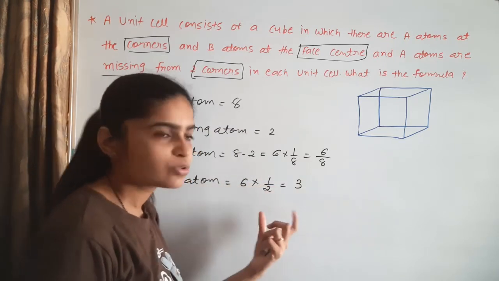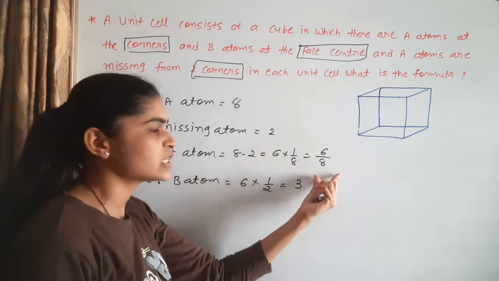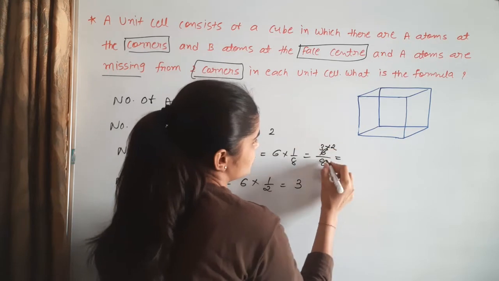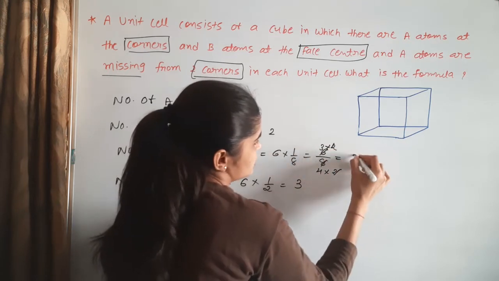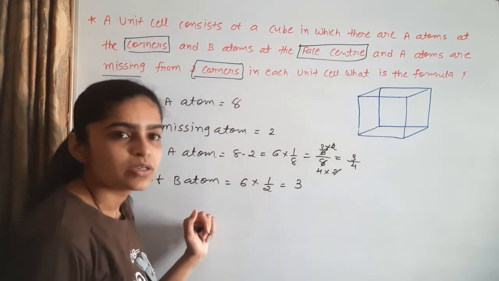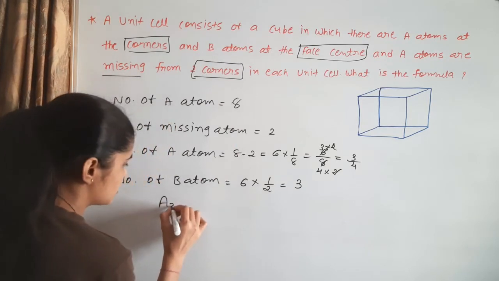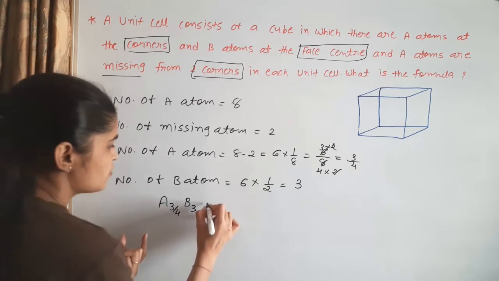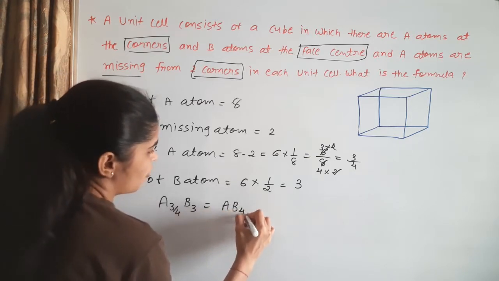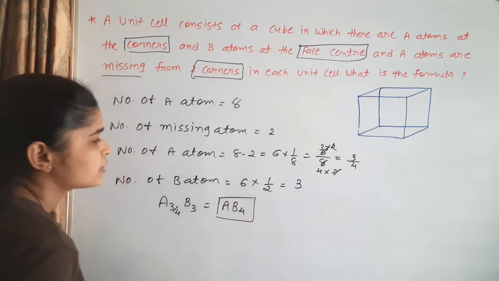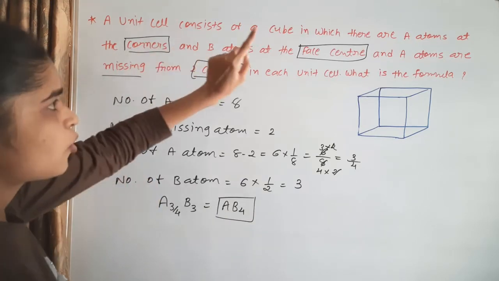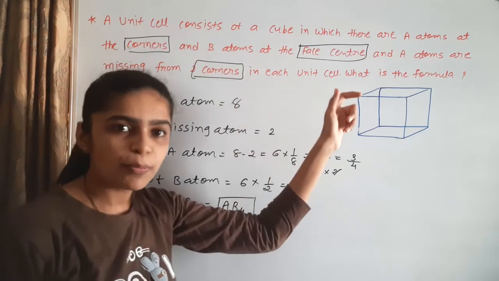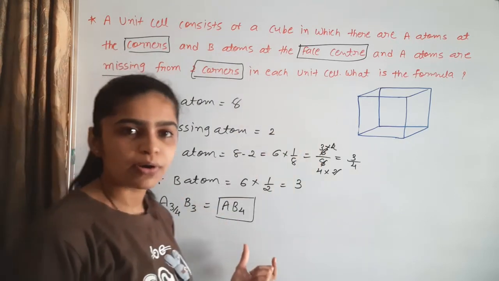B is equal to 3 and A is equal to 6/8, which is 3/4. So A is 3/4 and B is 3. We can write that as AB4. That way, a corner with 2 corners missing and the face centers give the formula AB4.